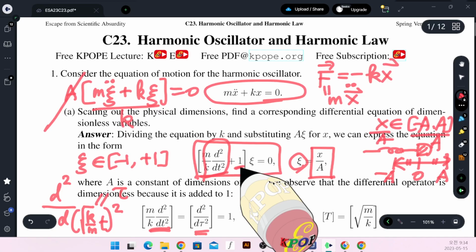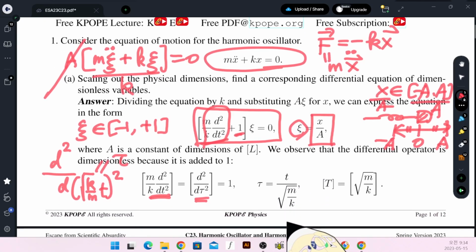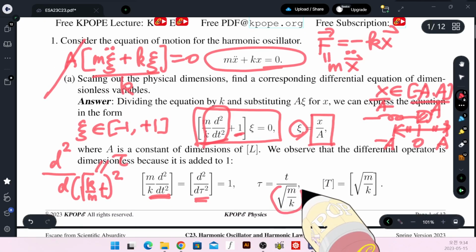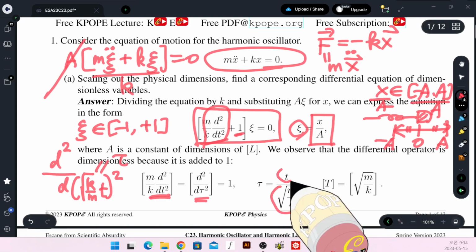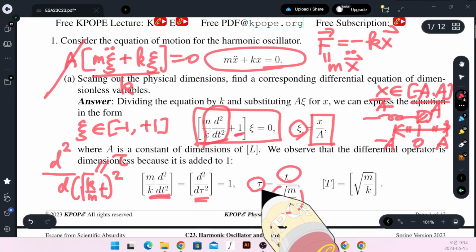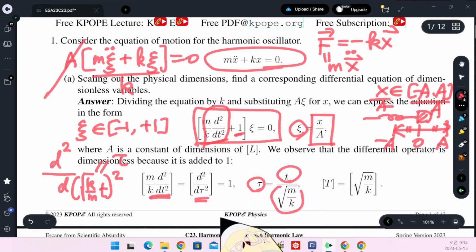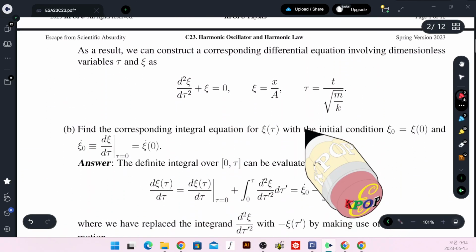As a result, this coefficient has the dimension of time to cancel the dimensions of time in here. So this tau is dimensionless, and this c is dimensionless too.